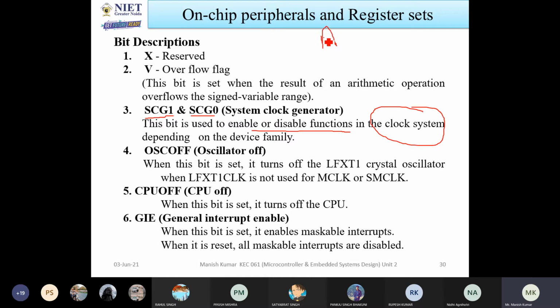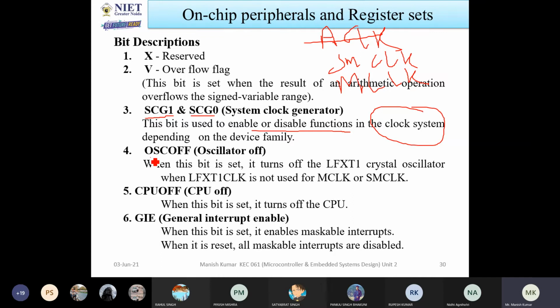In that clock system, three types of clock are generated: A clock, SM clock, and M clock. If you want to stop the SM clock, you can do it with the help of the SCG1 and SCG0 bits. So you can switch off any clock or switch on any clock, either enable or disable any clock.